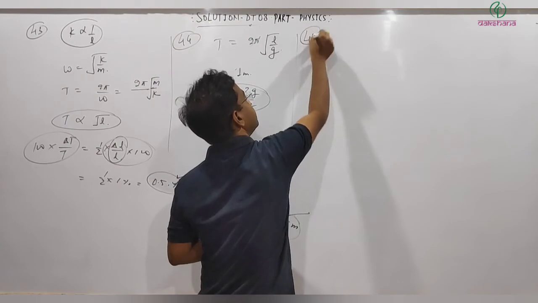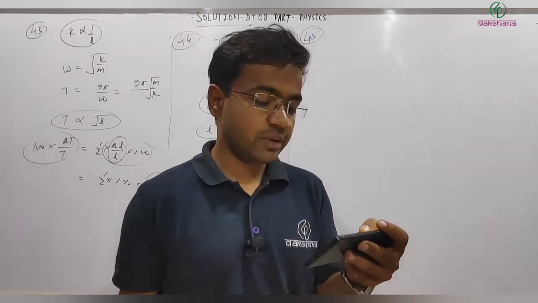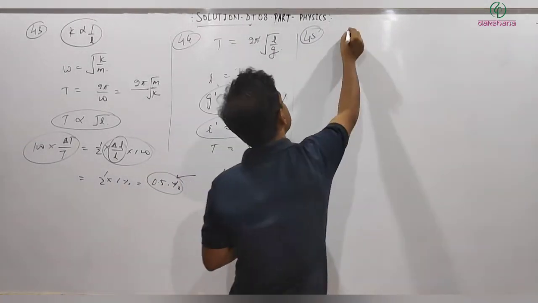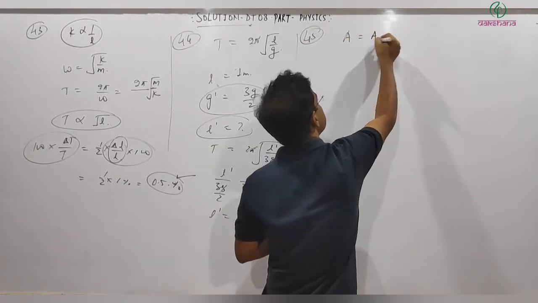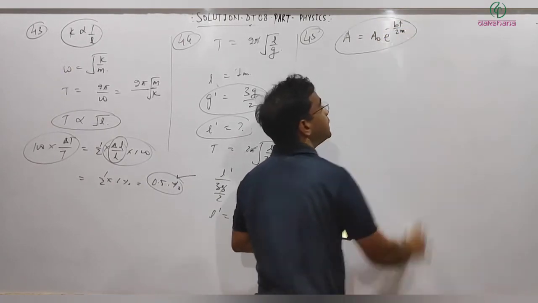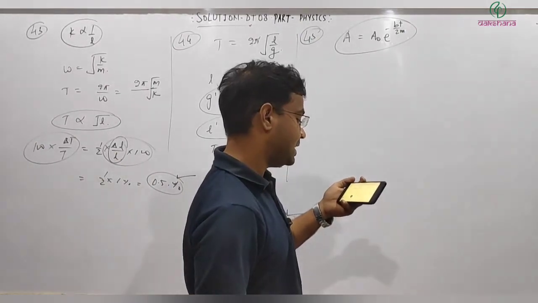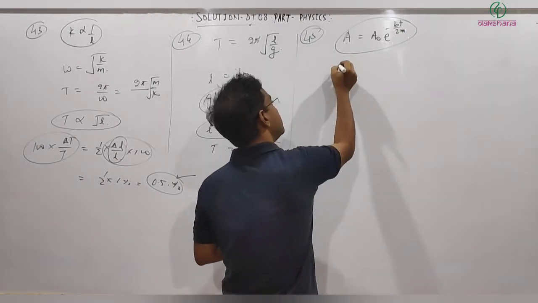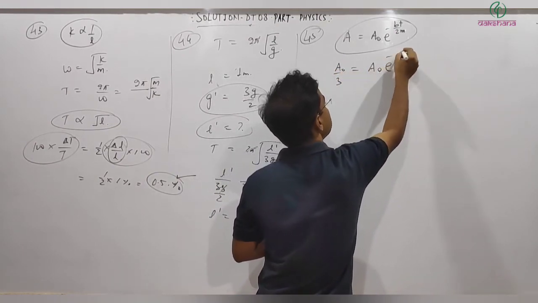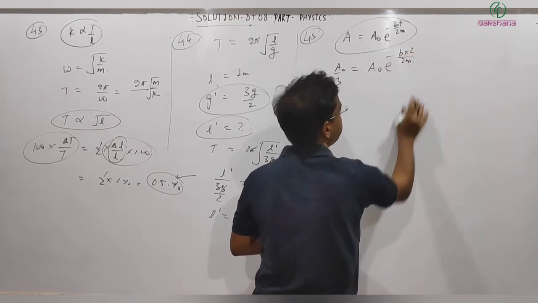Next, question number 45. The amplitude of a damped oscillator becomes 1 by 3 in 2 seconds. The amplitude is related as A is equal to A naught e raised to the power minus bt by 2m. It's given that the amplitude becomes 1 by 3 in 2 seconds, so A naught by 3 equals A naught e raised to the power minus b into 2 by 2m.